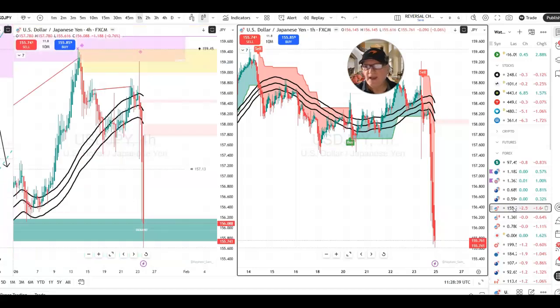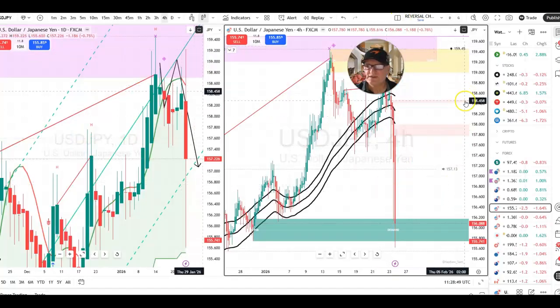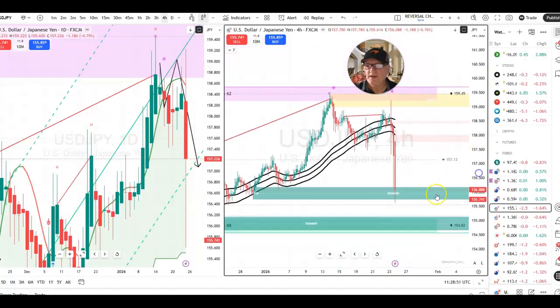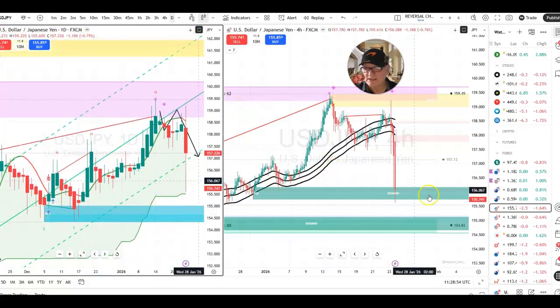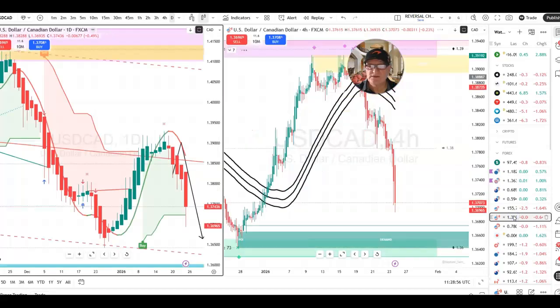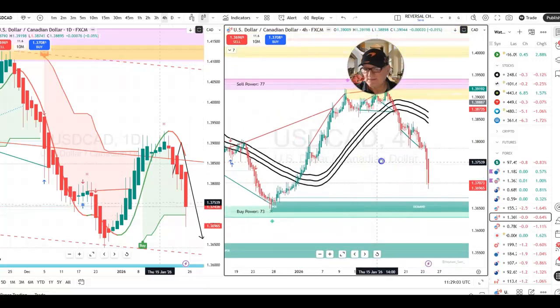The US yen had a bit of a fall late on Friday. Look at that. So we're going to have to see where this goes next. Let's have a look at the higher time frames. We can see where this is likely to go. Looking pretty mixed actually, so we won't be looking at the US yen into next week. This is the US Canadian. Further downside is confirmed really.